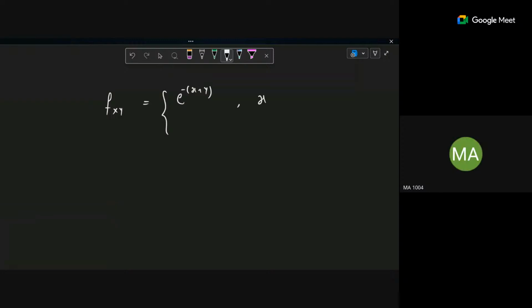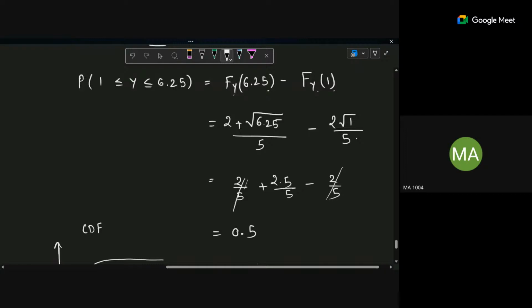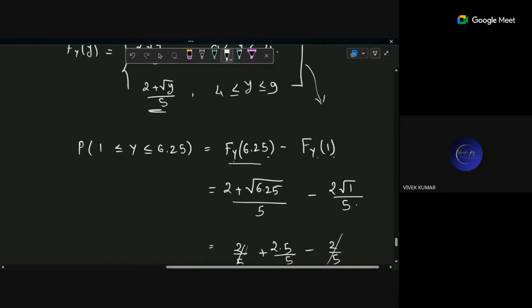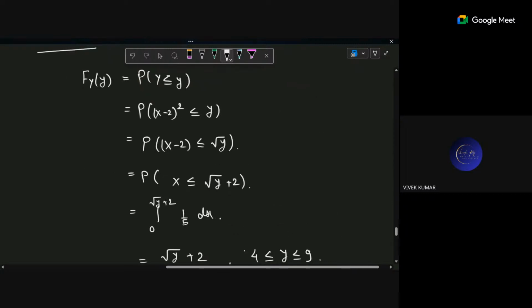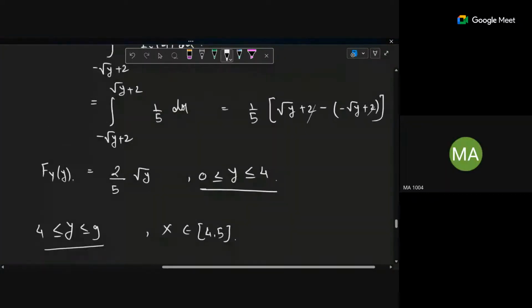Ma'am, I didn't understand the limit in the previous question, the last limit, the second limit part.